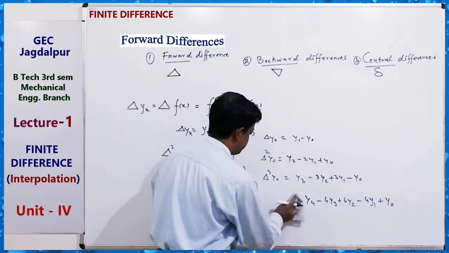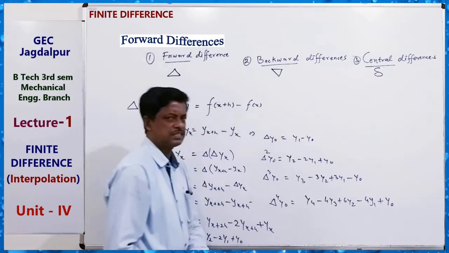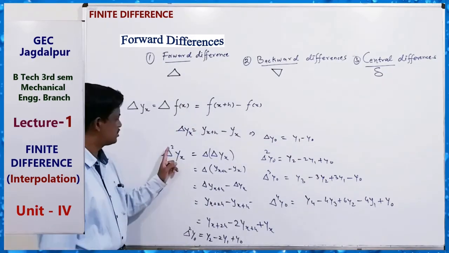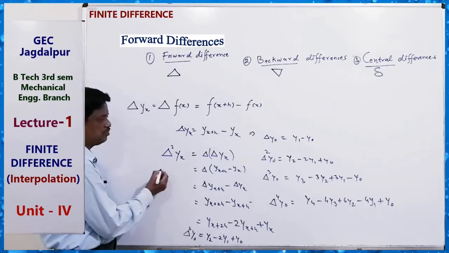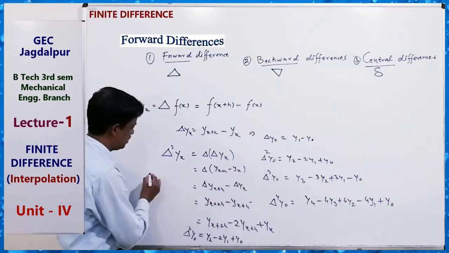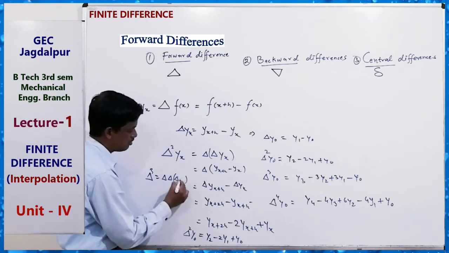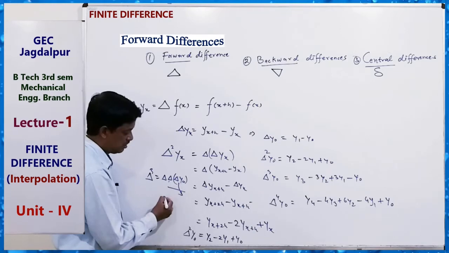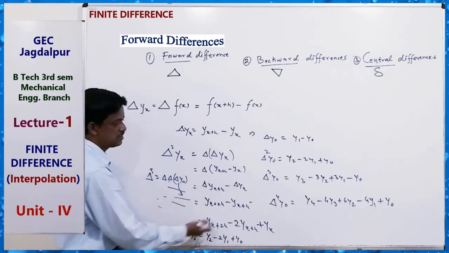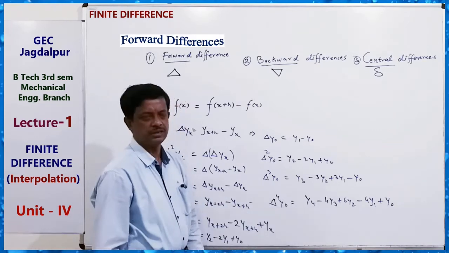You can express it like this: del square means del into del, and del cube means del into del. First put in its value and then distribute it, and you can get it like this. Similarly, you can get the fourth order difference, del power 4.